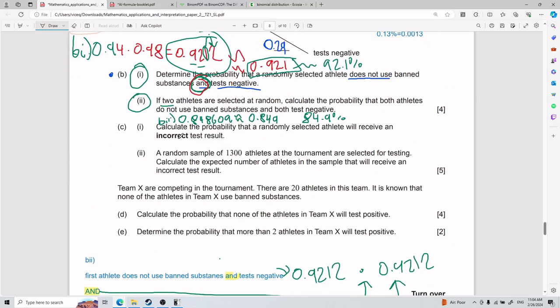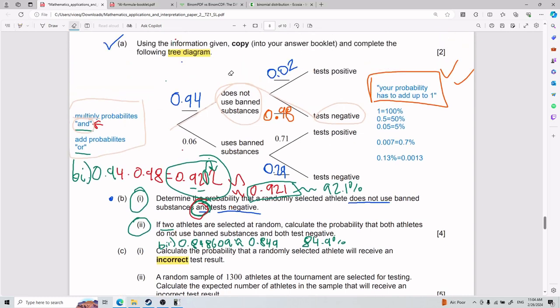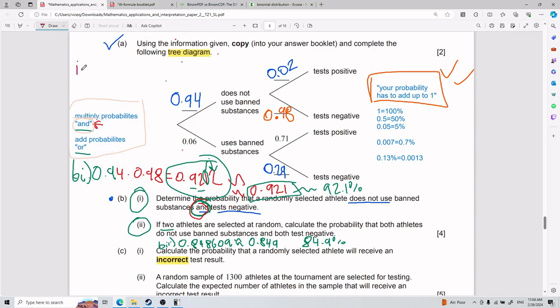For part C, we need to calculate the probability that a randomly selected athlete will receive an incorrect test result. Now notice, incorrect is in bold. What are the incorrect test result scenarios? All right, so let's put in purple the scenarios that are incorrect.